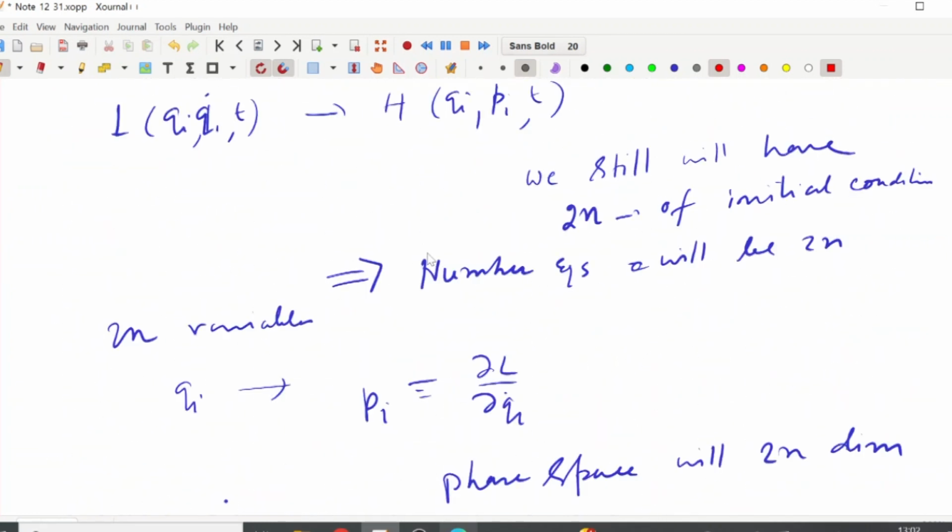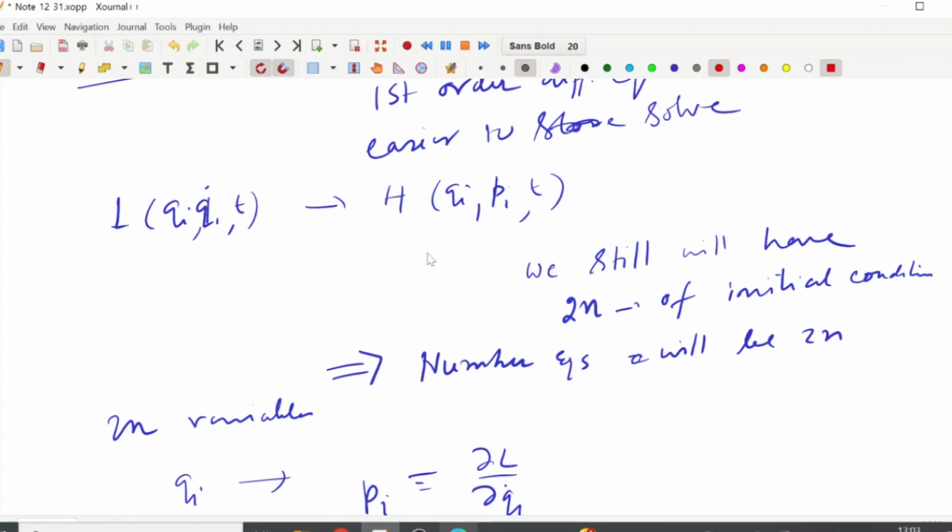The main motivation was that in the Lagrangian formulation the equations of motion are second order differential equations. So, is it possible to construct equations of motion which are first order? Then we will have a genuine advantage, because first order differential equations are easier to solve compared to second order differential equations.